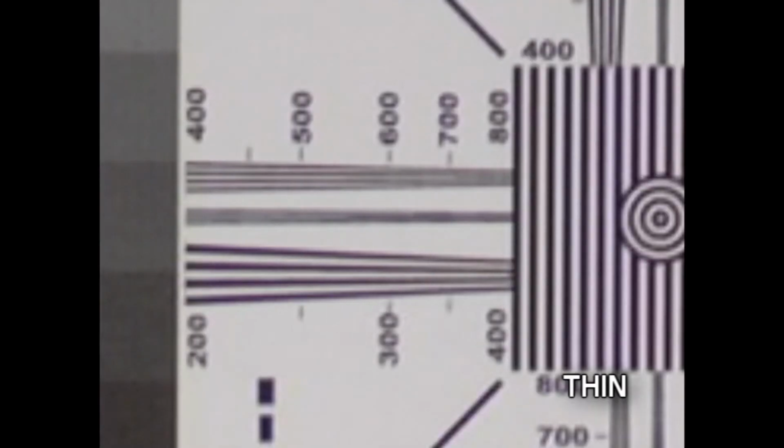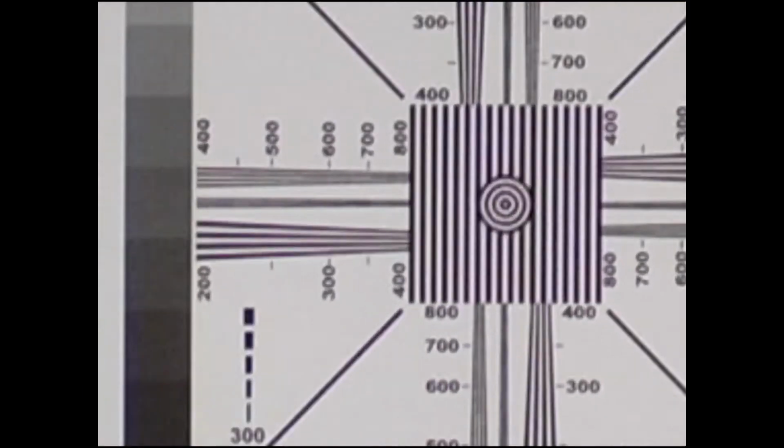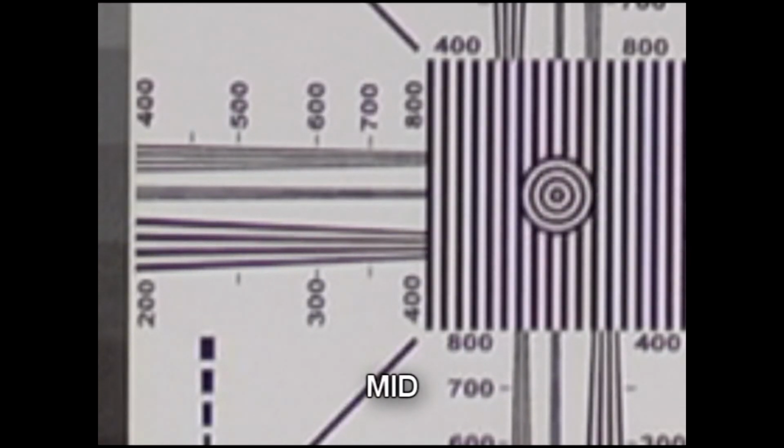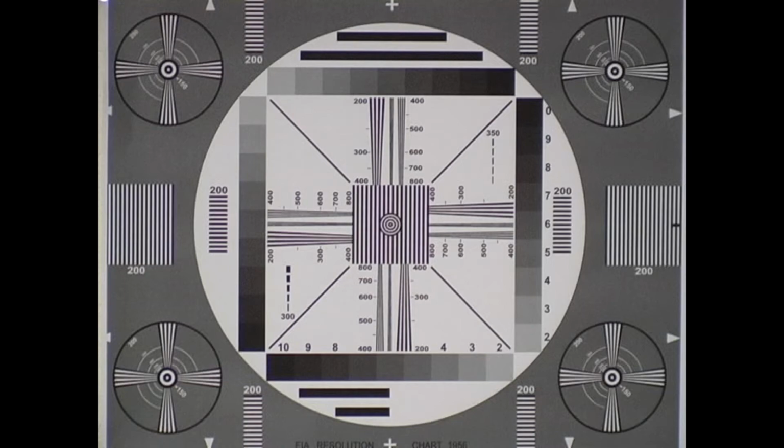You can see that we get about 550 lines worth of resolution that is still clearly resolved on thin line detail, depending on how good your monitor is, whether you can see that. Whereas in mid, you lose a little bit of that. It comes back to about 475 is about where it's still clear, 450, 475.